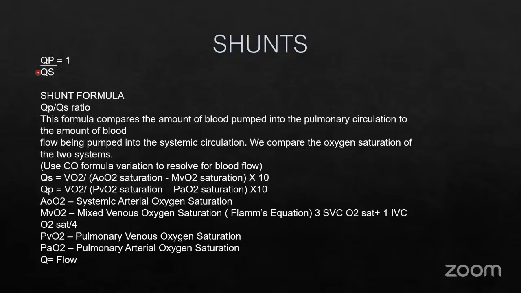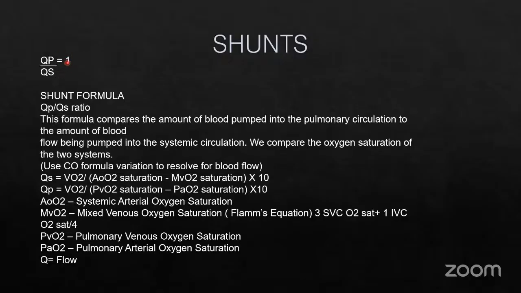All right, so QP, and remember QP over QS. I think I have it on the other PowerPoint that I gave you. QP over QS is the ratio. Do you guys remember that? It's over 1 or less than 1, but if it's 1, there's no shunt.